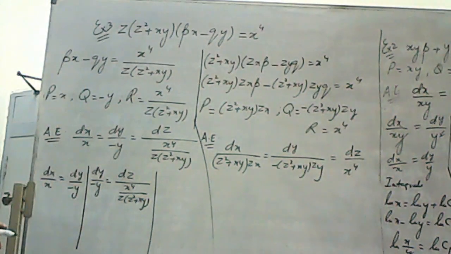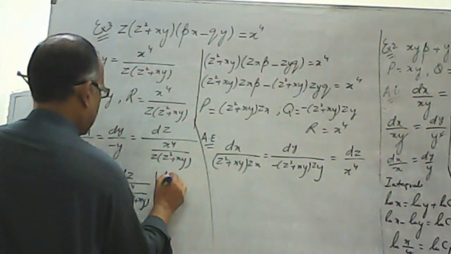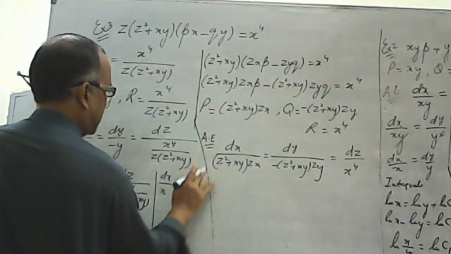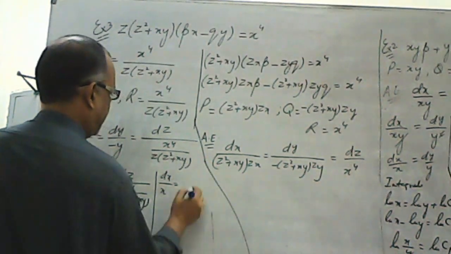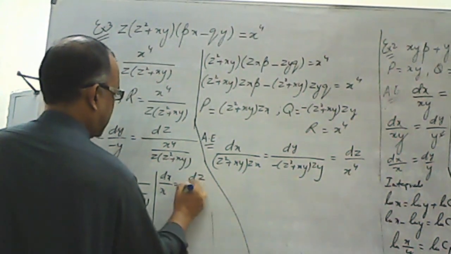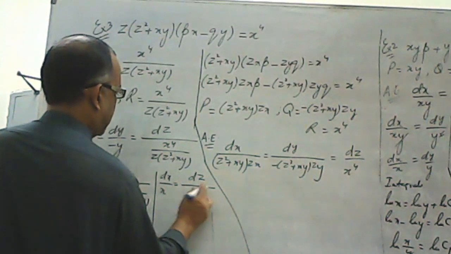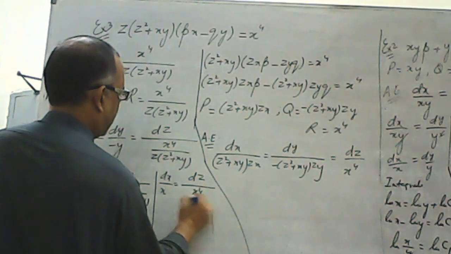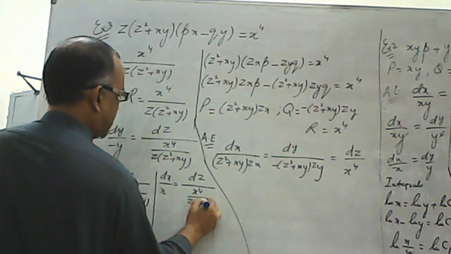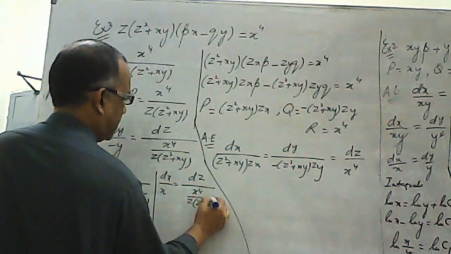And then pair number 3 will be dx over x equal to dz over x power 4 upon z square plus xy.